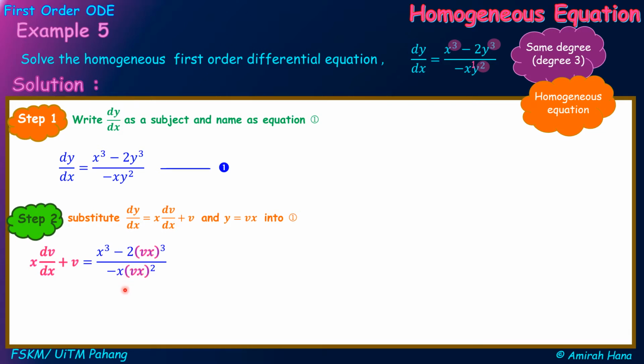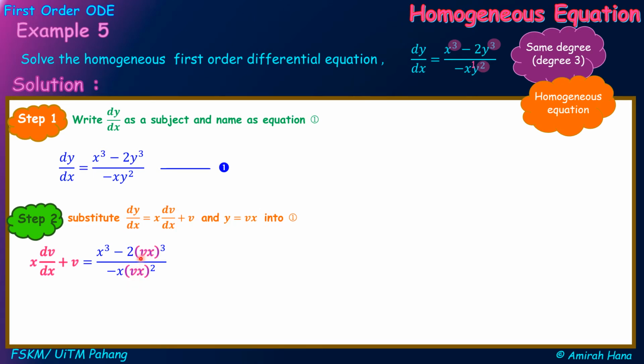Let me check one by one. From here, we substitute dy over dx equals x dv over dx plus v. And we substitute y equals vx into equation 1 here. So this is y, we replace by vx. And this y in the denominator, we also replace by vx.